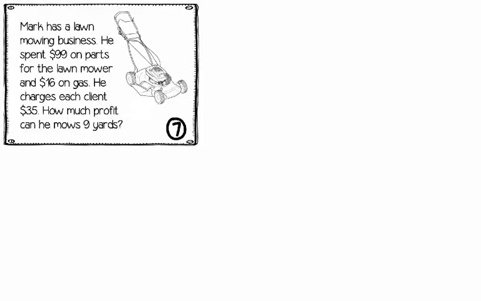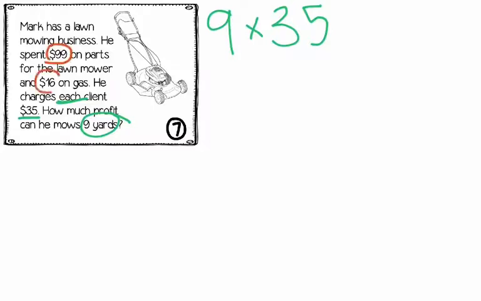We know that he charges each client $35, and he mows 9 yards. So our income is 9 times 35, and our expenses were $99 on parts and $16 on gas. So that would be 99 plus 16.